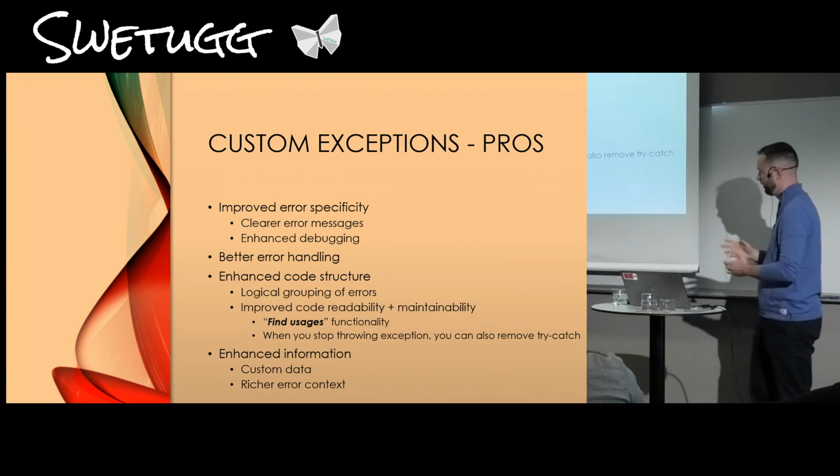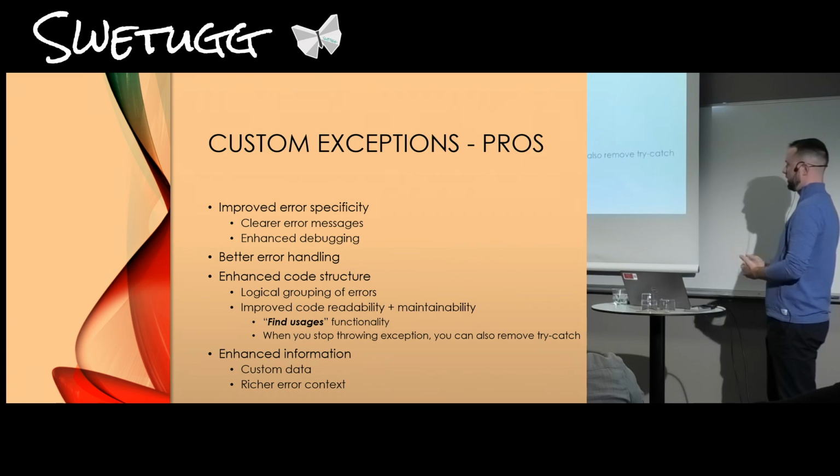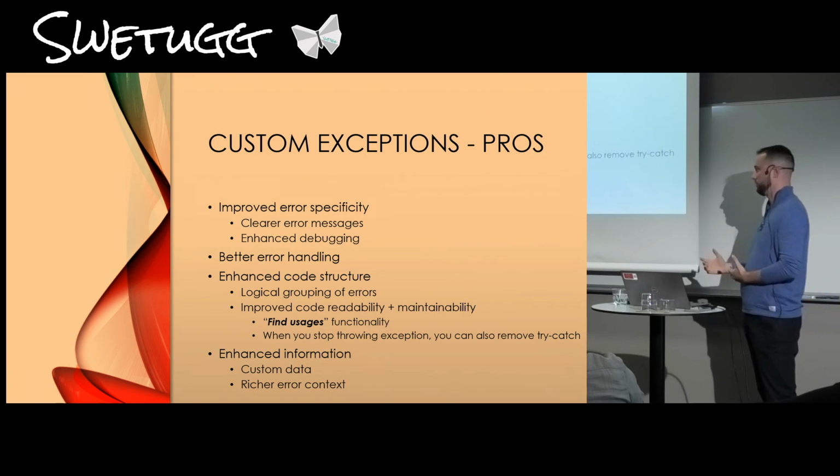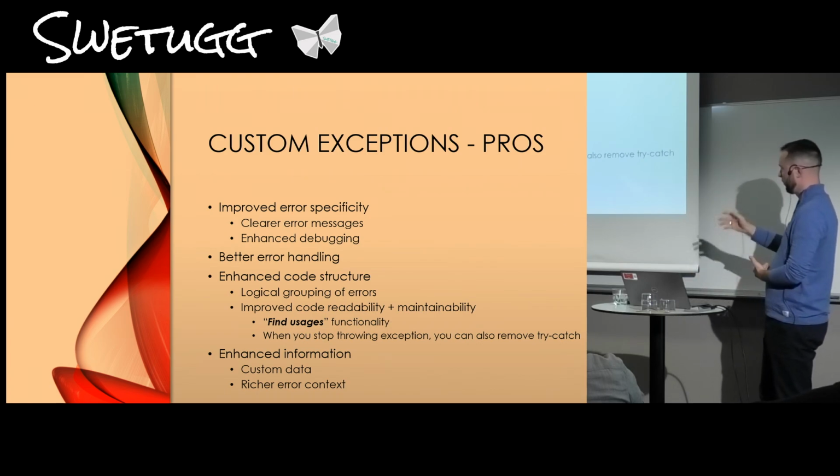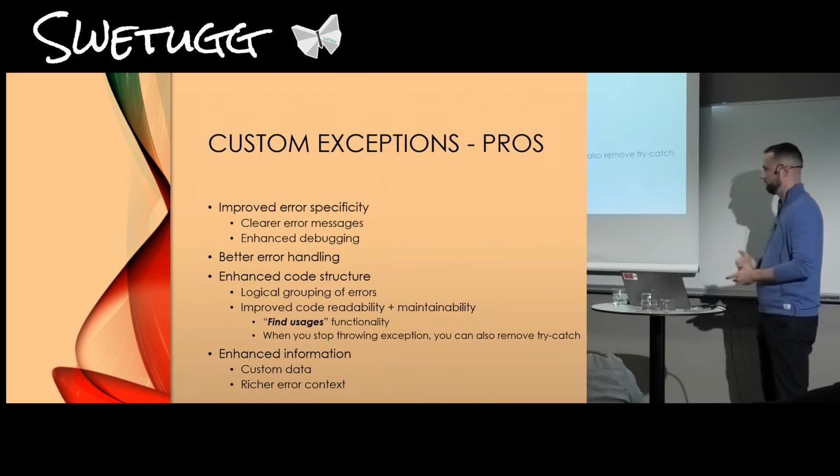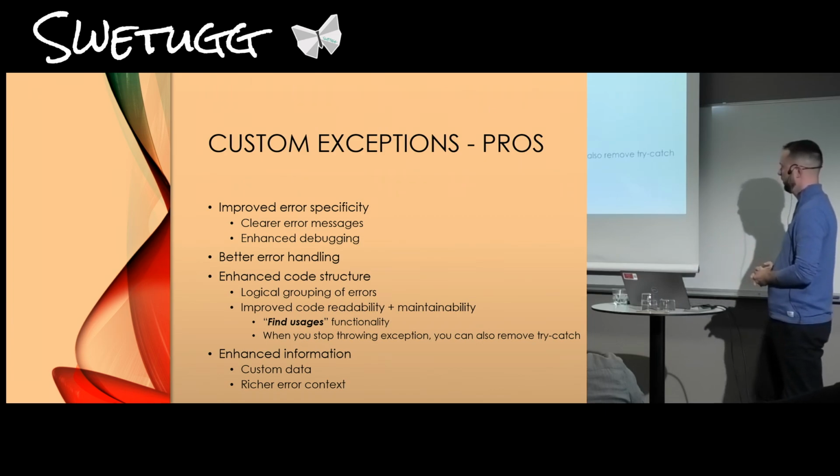So this way, even when you are refactoring, if the exceptional case is not possible anymore, you remove the throwing, you remove the try catch, and there doesn't stay some leftover in your code.